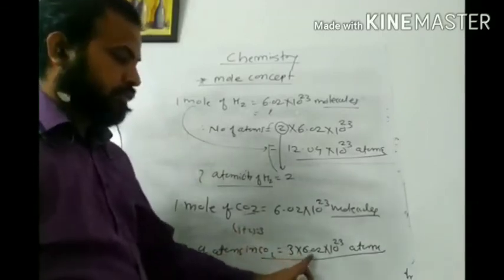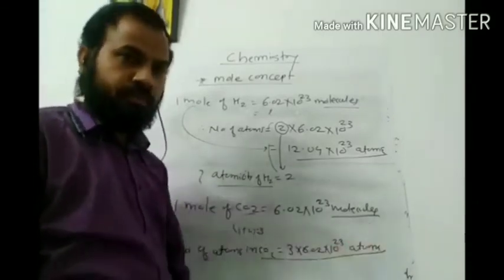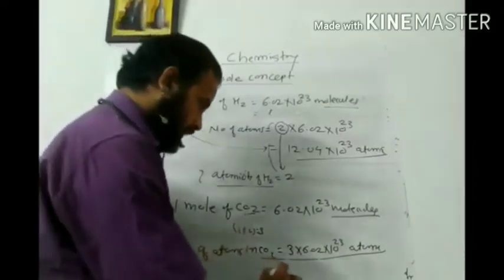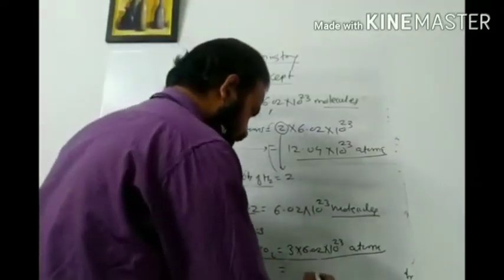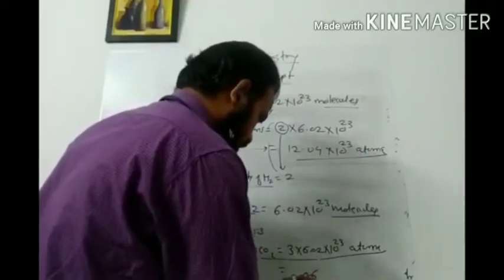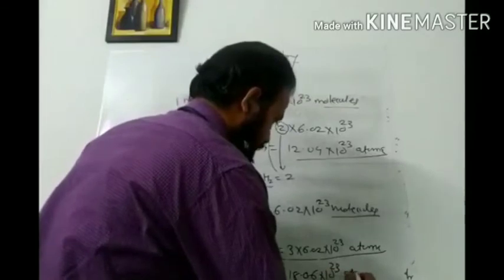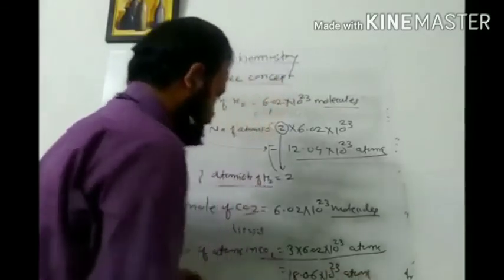So 3 into 6.02 into 10 raised to 23 gives me the number of atoms present in 1 mole of CO2. 3 times 6.02 is 18.06, so 18.06 into 10 raised to 23 atoms are available in 1 mole of CO2.